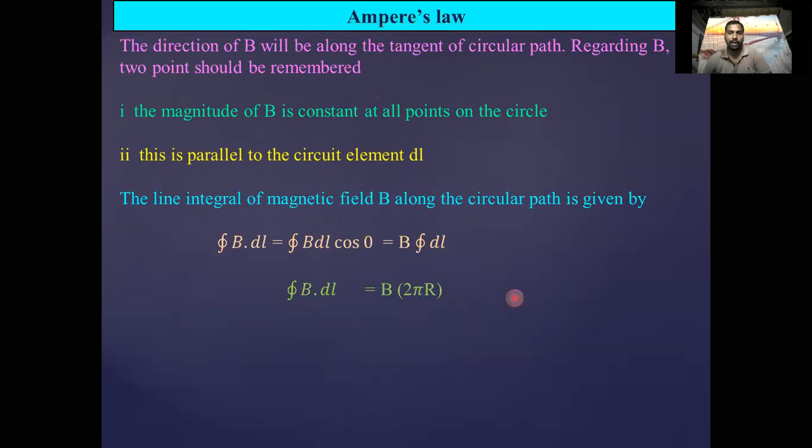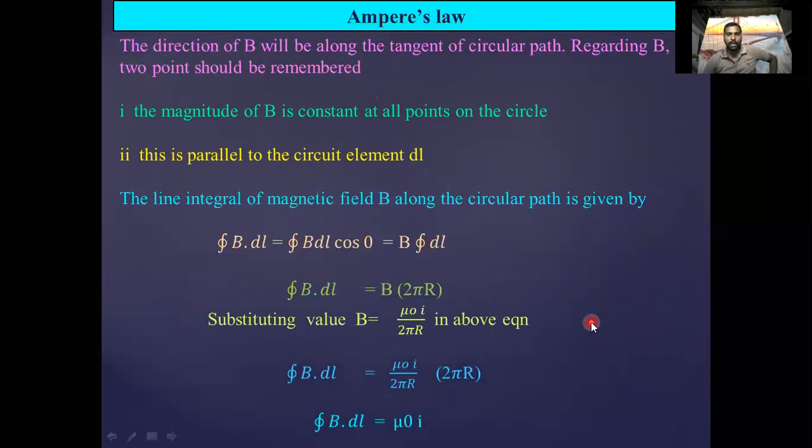Now substituting this value, B is equal to mu naught I by 2 pi r in the above equation, according to the application of Biot-Savart law of a long conductor carrying current I. Substituting this B value, the integration B dot dl is equal to mu naught I by 2 pi r into 2 pi r.